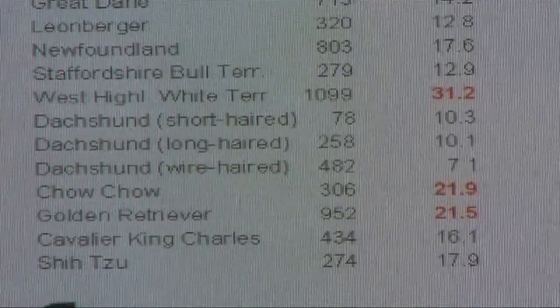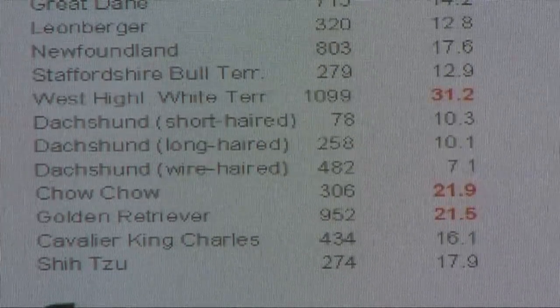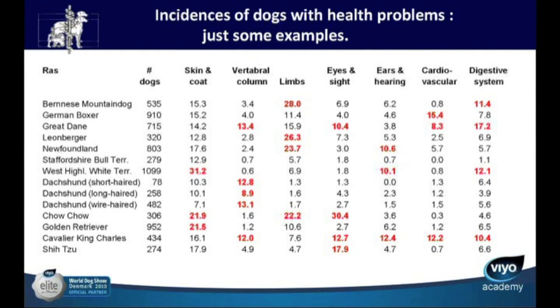They have an allergic sensibility, which means that a lot of these animals get problems with their coat during their life. That's 3 in every 10. Look at, for instance, Bernese mountain dogs with problems in the limbs. It's almost 30% of the animals who will meet these problems in the first half of their life.